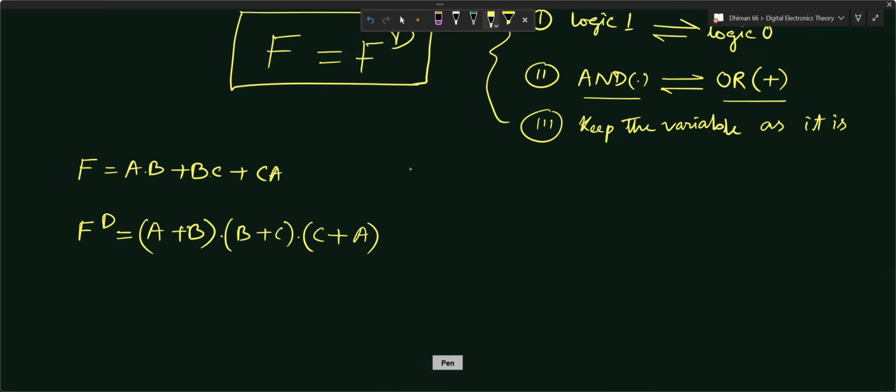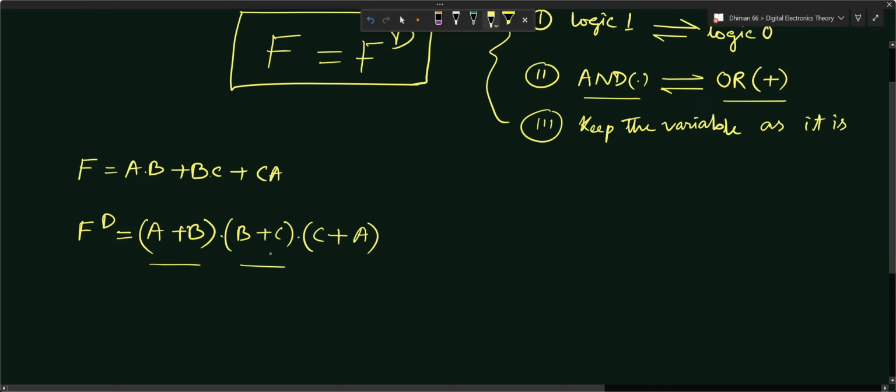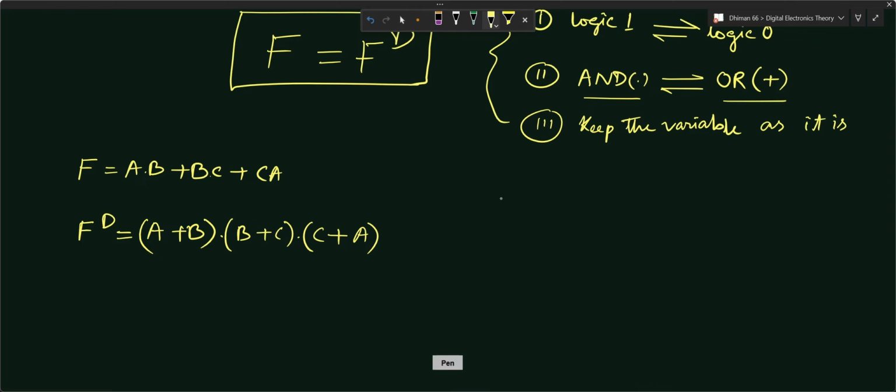Now let us consider this function. First, if we look at these two terms, the first term and this term, the b and the b is common. So we can use a theorem here. What theorem? The distribution theorem. What do we get? A plus bc is equal to (a plus b) multiplied with (a plus c).